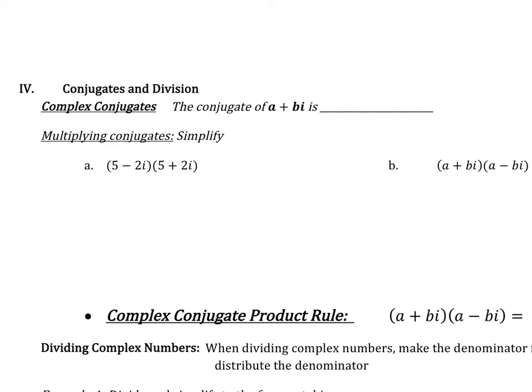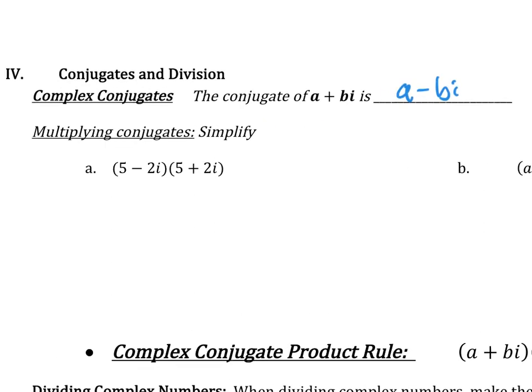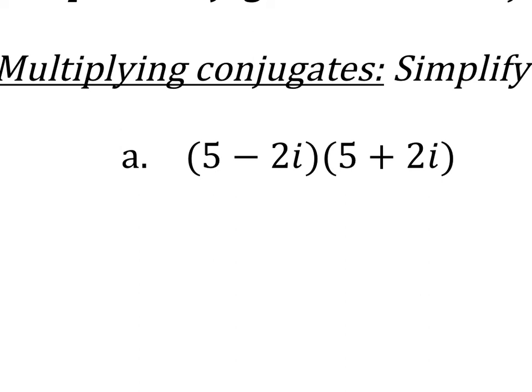So we see that when we multiply those conjugates, some very useful things happen. So the conjugate of a plus bi is a minus bi. And we saw that with radicals. And since i really is a radical, it's a square root of negative 1, the same kind of thing applies here. So let's see what happens when we multiply these conjugates.